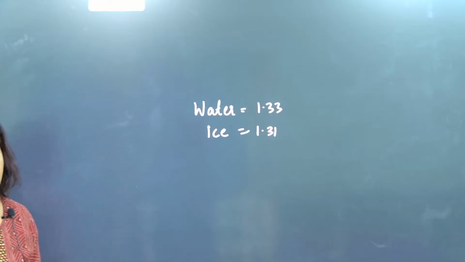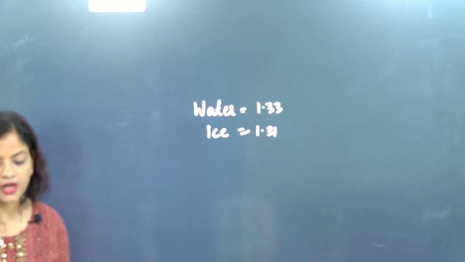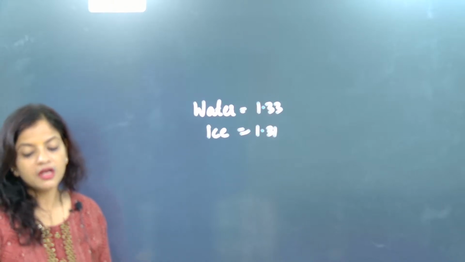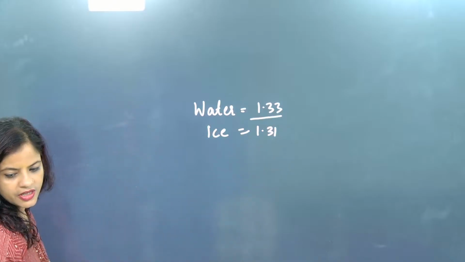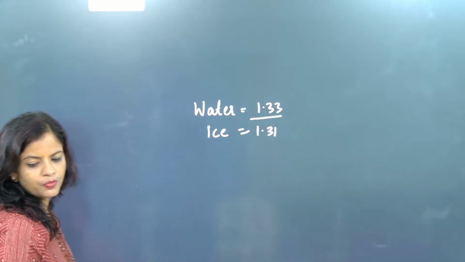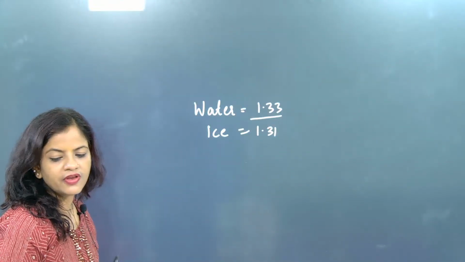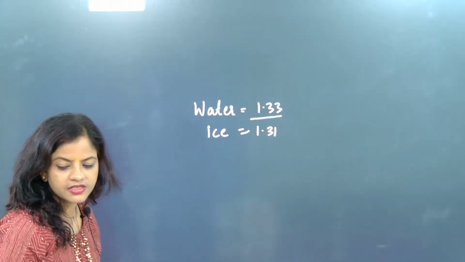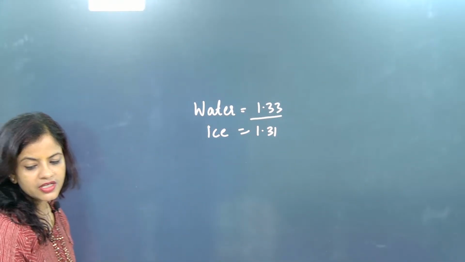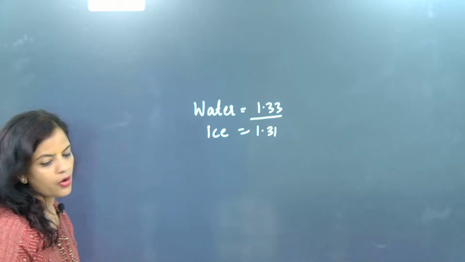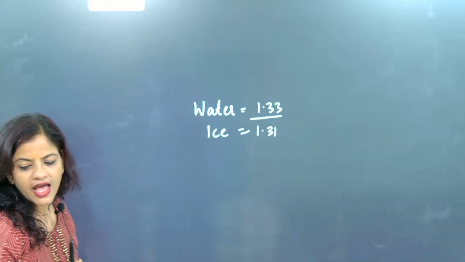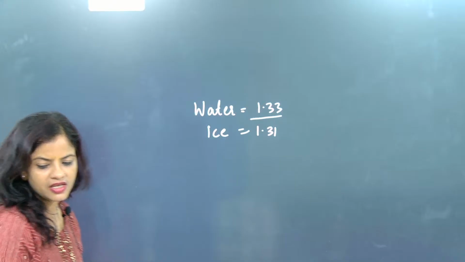Sophie, absolutely beta, because it is coming as 1.33. Very good, super. So here you need to understand that the optical density of water is more than the optical density of ice. Now keep on answering.